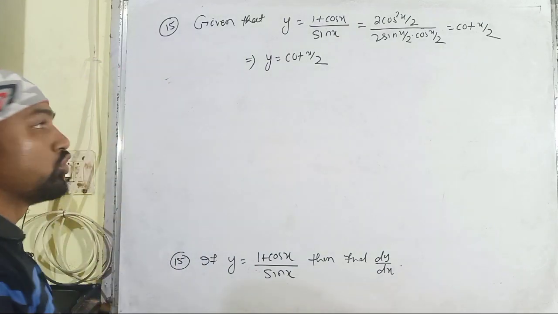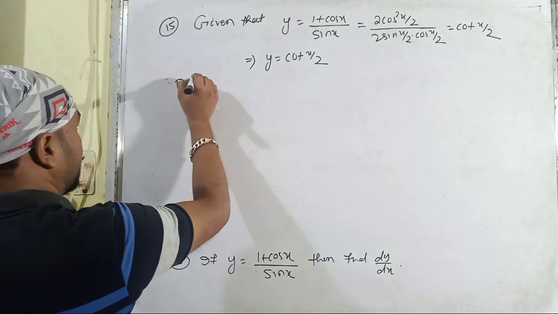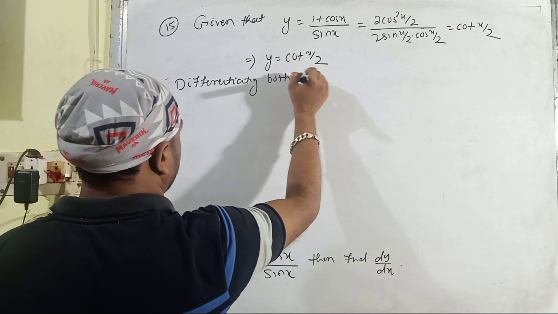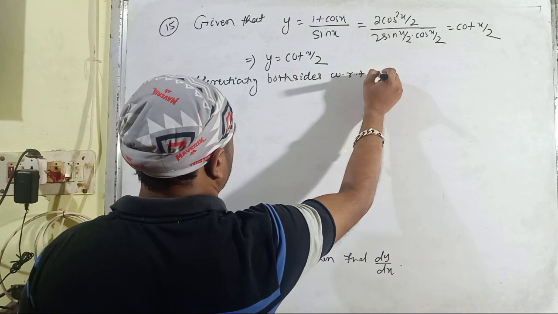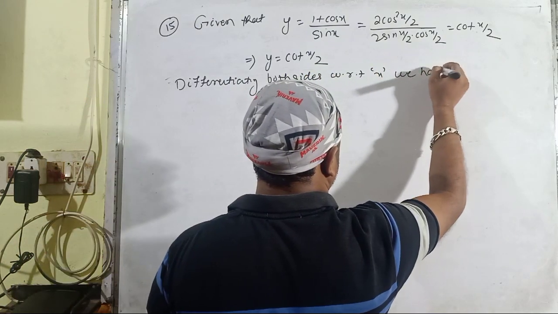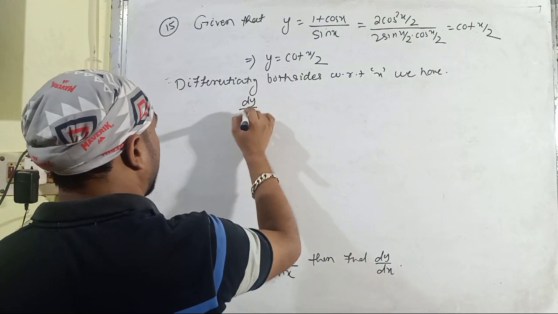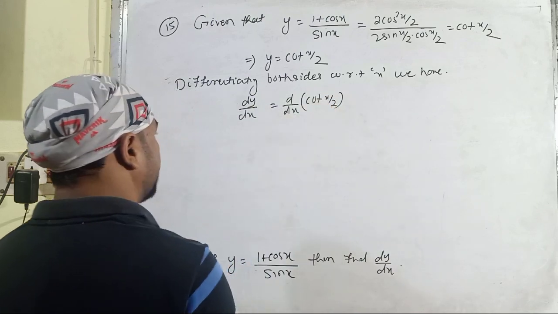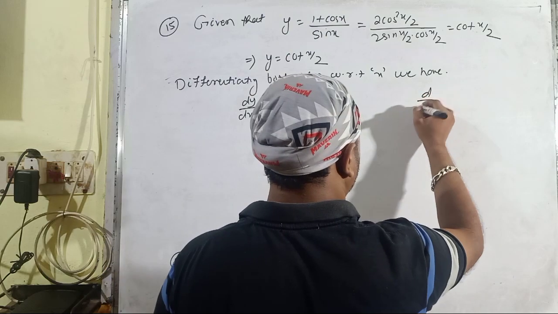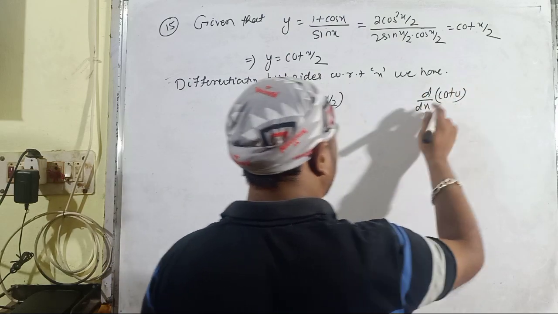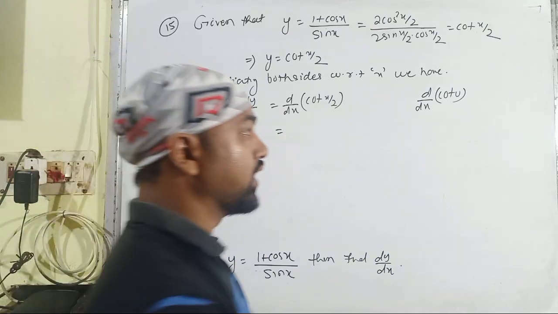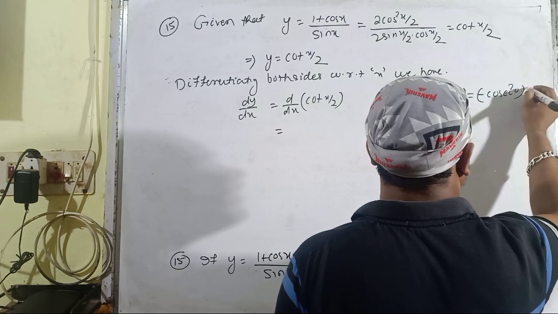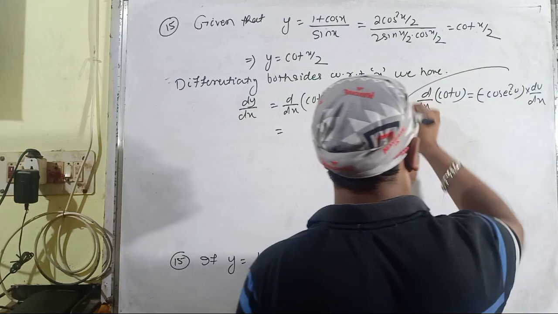Now we have to differentiate both sides with respect to x. Differentiating both sides with respect to x, we have dy upon dx, then this is differentiation of cot x/2. So differentiation of cot u with respect to x, where u is a function in terms of x, is minus cosec square u multiplied with the differentiation of u with respect to x.